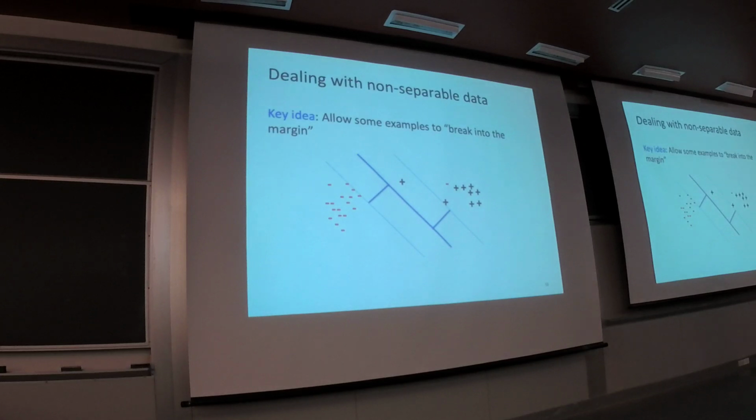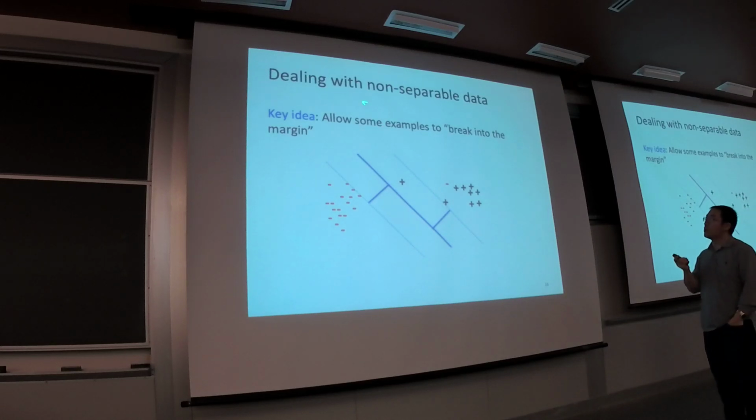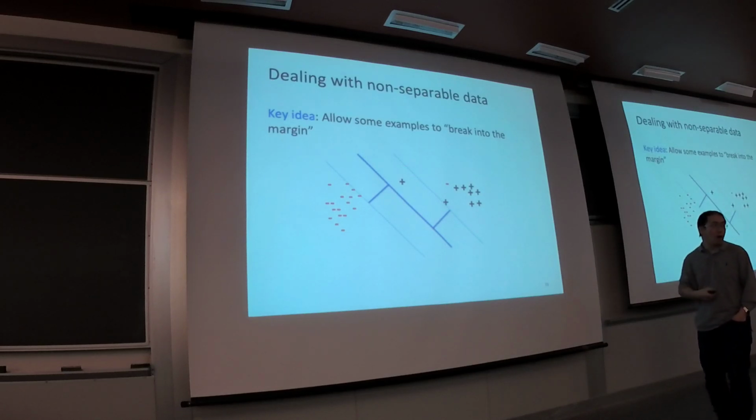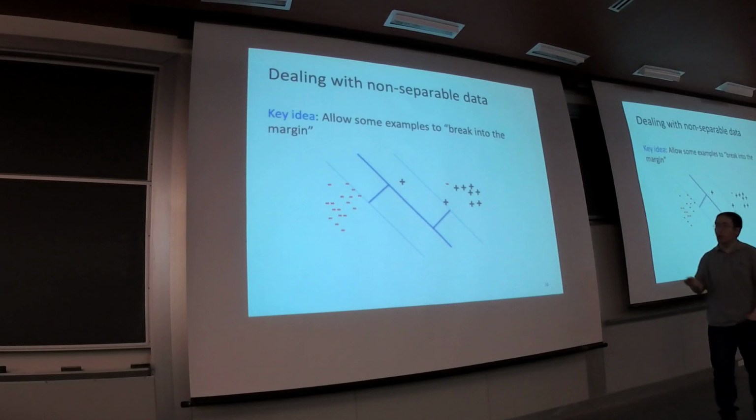So now let us look at the definition. It's called soft SVM. The key idea is that we allow some examples to break into the margin. Assume here are our training examples: negative examples here, positive examples here.